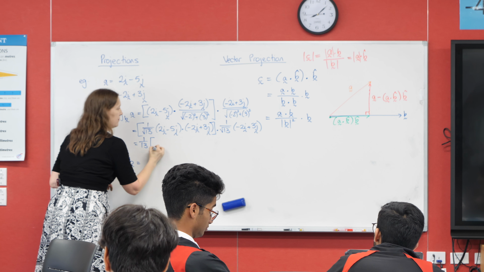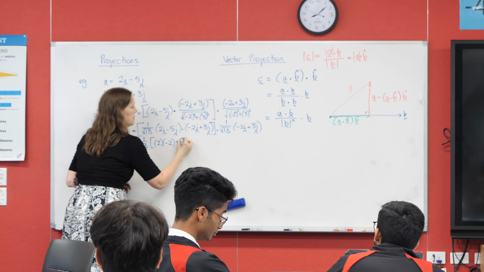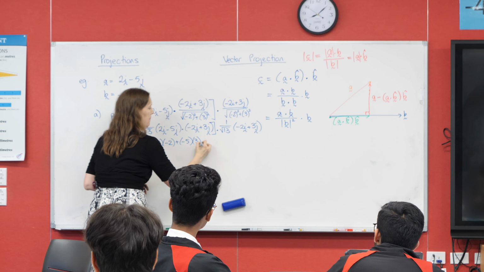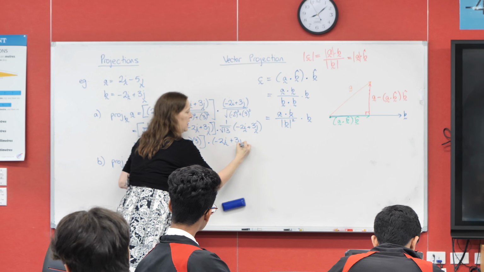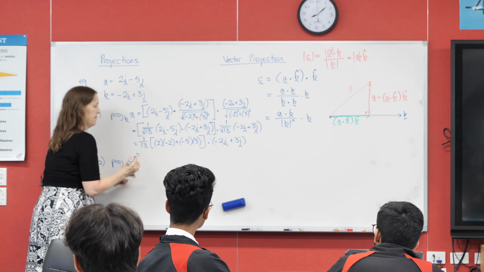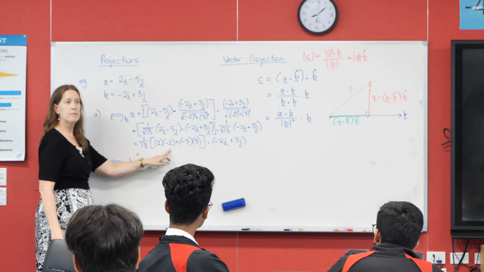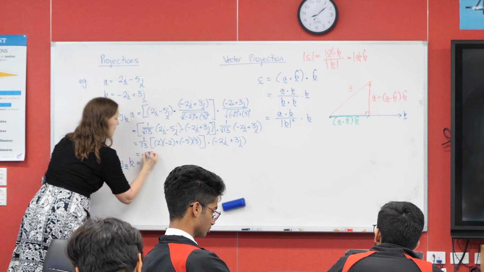These two, I get 2 times minus 2 plus minus 5 times 3, and I still have this vector out the back. What's this value? Minus 19.